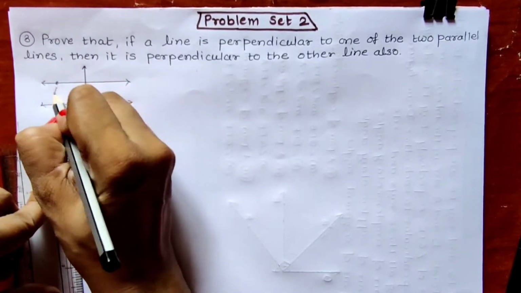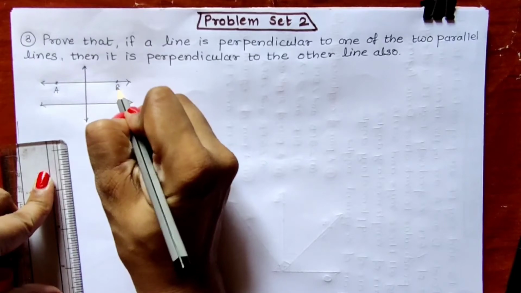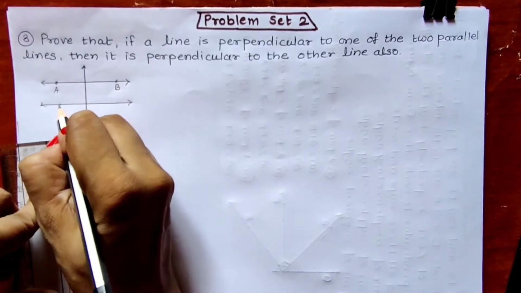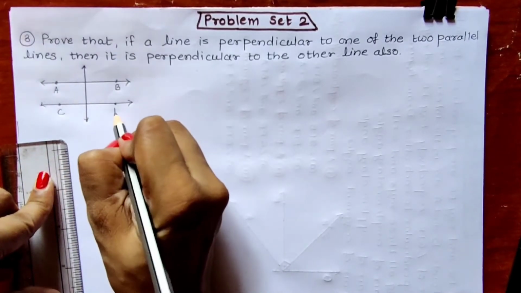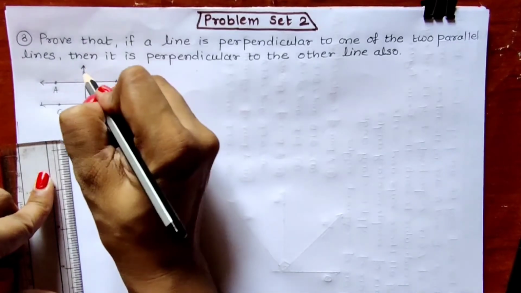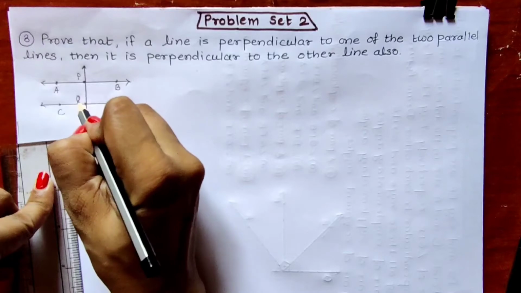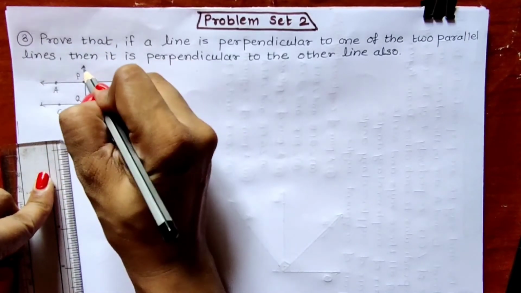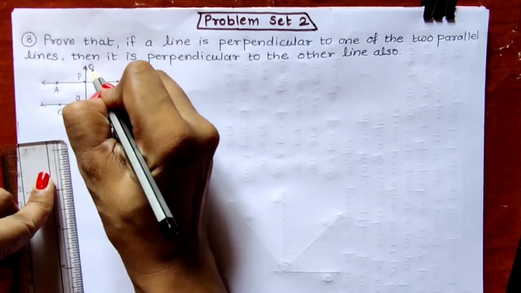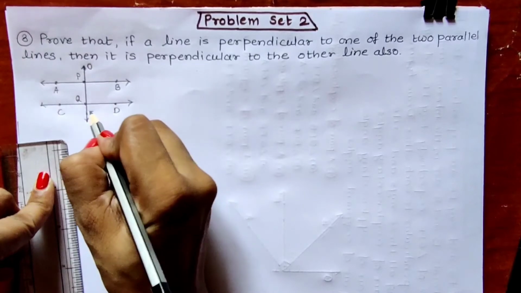This may be line AB. This may be line CD. This may be line PQ. I will be writing PQ points here. Okay, one point here also, O and E I can write here.